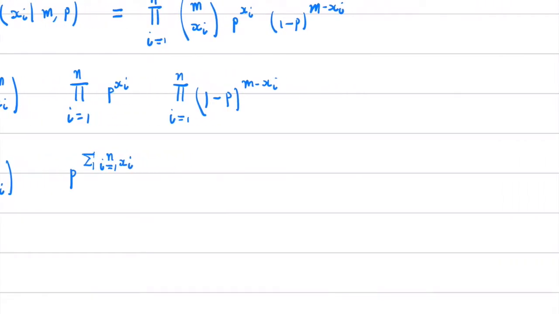Likewise, that can be done here. You've got 1 minus p, all the same base. The powers change, so that becomes 1 minus p to the sum of the powers, i equals 1 to n of m minus xi.